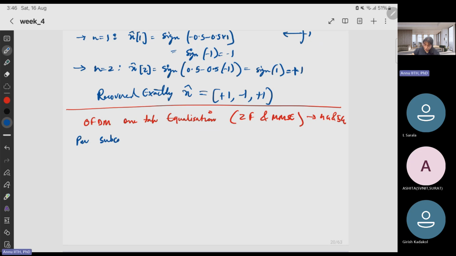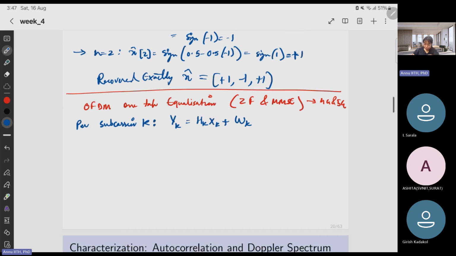Per subcarrier k, y of k is equal to h of k into x of k plus w of k, where h is the channel matrix, x of k is the input matrix, and w of k is the white noise.